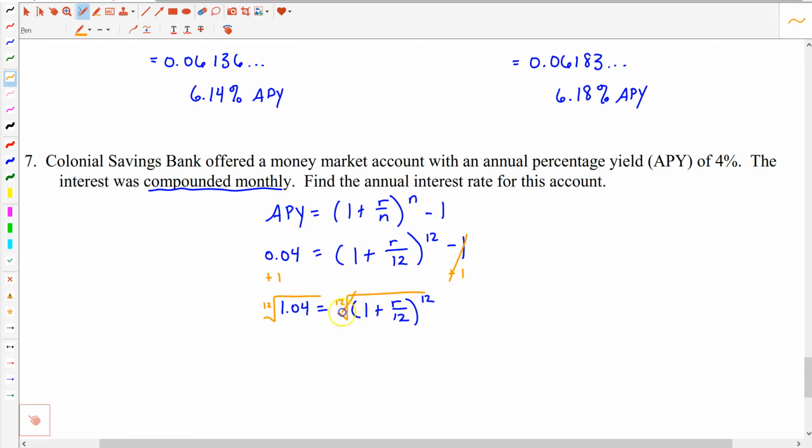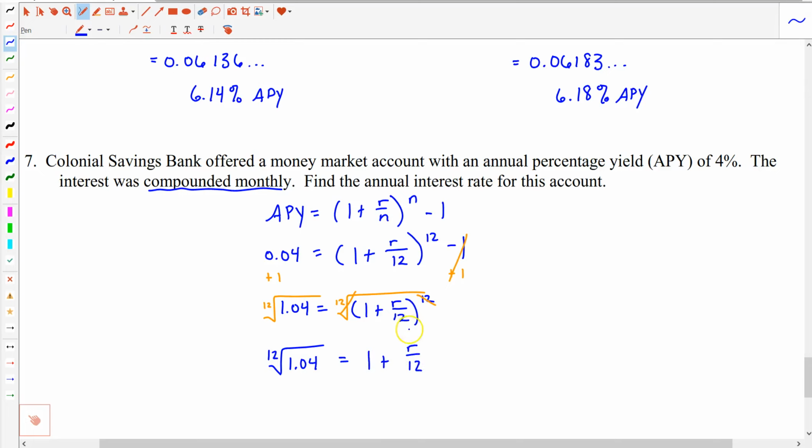Doing so effectively makes this radical simplify with that exponent, so the parenthesized expression just falls out. I would have the 12th root of 1.04 is equal to, okay, those two things undid each other, so I get 1 plus r divided by 12.